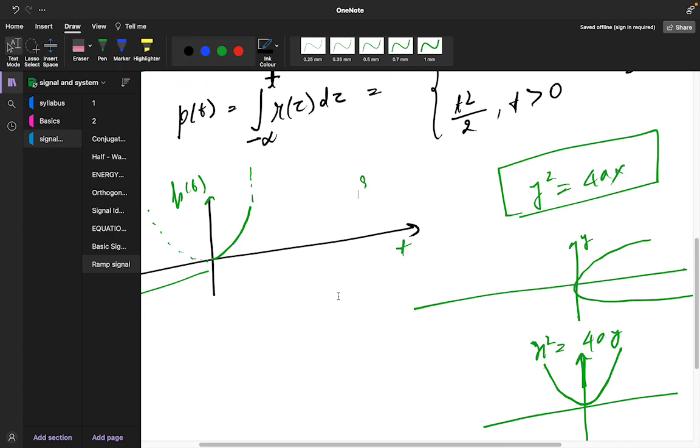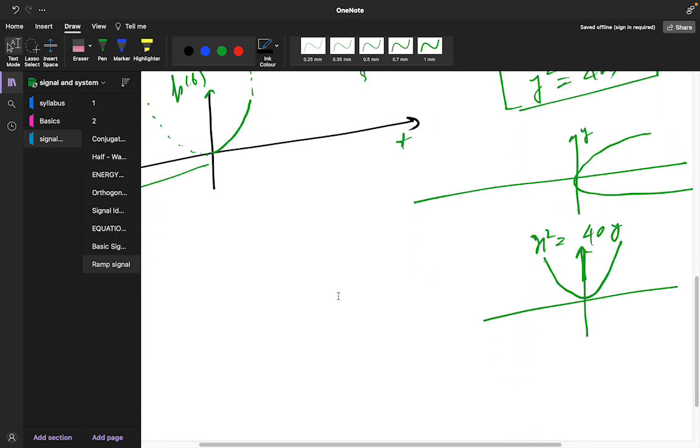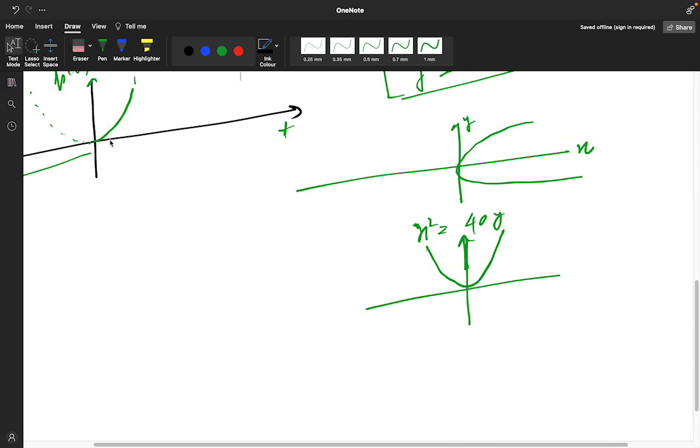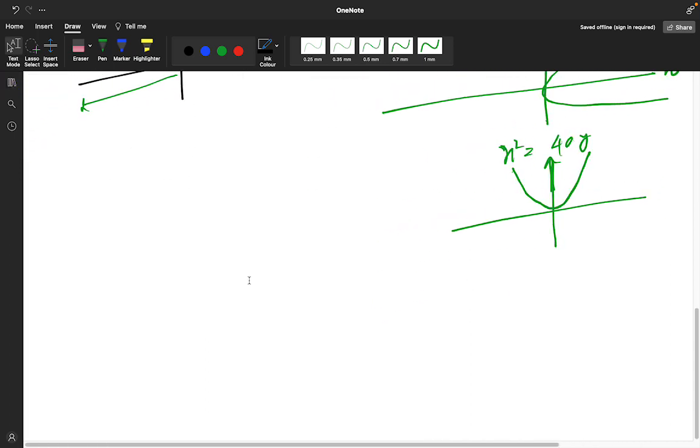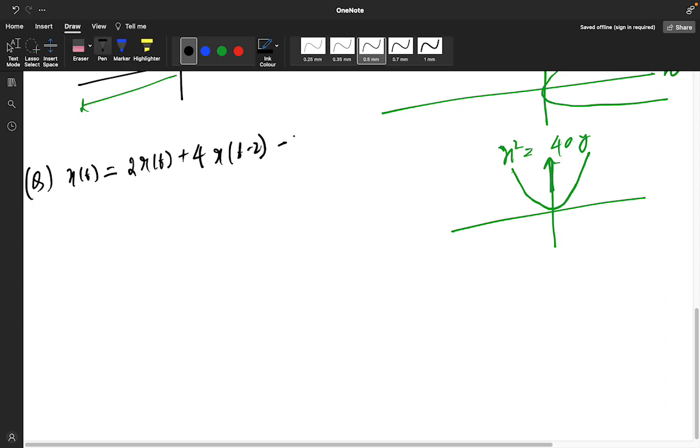Okay, unit parabolic signal. I'm giving you one particular question, maybe I don't know whether you will be able to solve it or not. It is a very simple question. x of t equals 2 r of t plus 4 r of t minus 2, minus 2 p of t minus 4, plus 4 p of t minus 8.